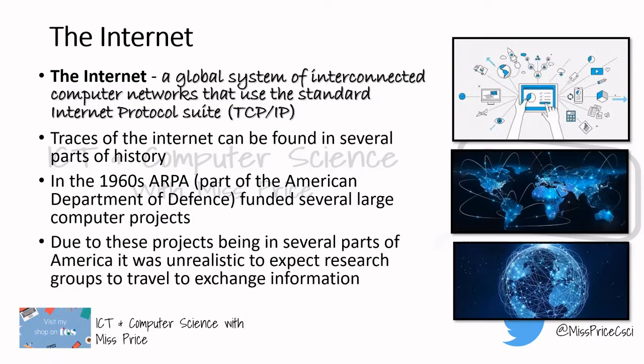So the projects are in several parts of America, and with the size of America, it's unrealistic to expect research groups to be able to travel and exchange information because the country is so big. So that's when ARPANET was founded, and information could be exchanged electronically.